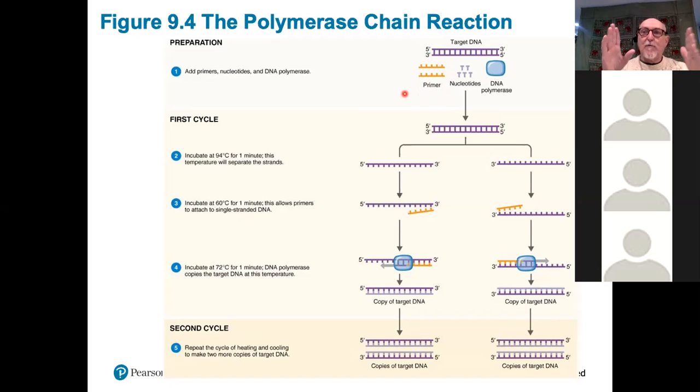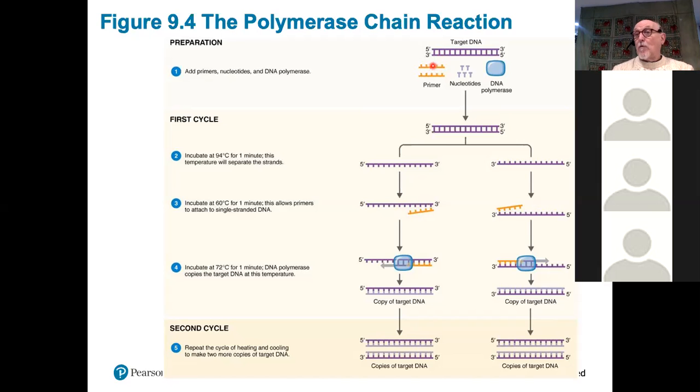We have to isolate that gene, because we don't want to be replicating the whole genome. We only want to be replicating that small piece of DNA which is useful to us. Our primers give us a way of putting a molecular label on it, because the primers will only stick to very specific DNA.